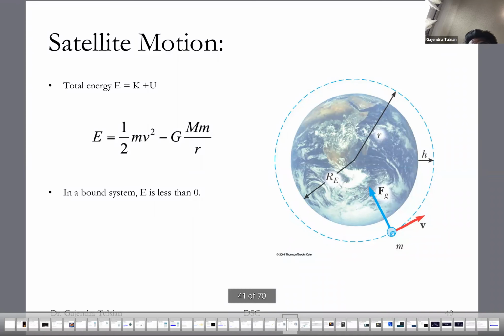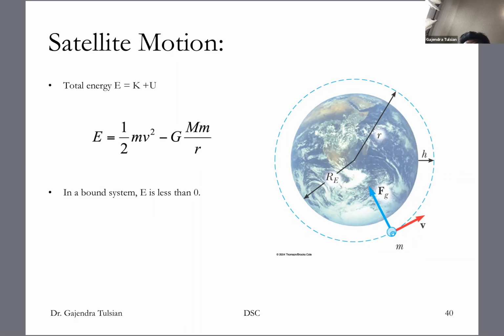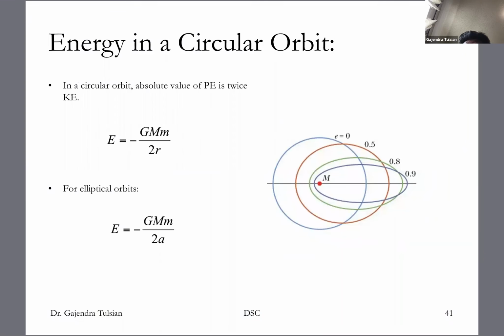And it turns out that for circular orbits, you can show that the total energy is minus GMm by 2R. The kinetic energy is half the absolute value of the potential energy, and that's what it turns out to be for circular orbits. For elliptical orbits, the total energy can be shown to be that as well.